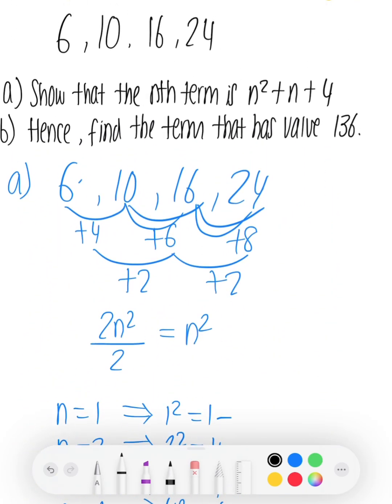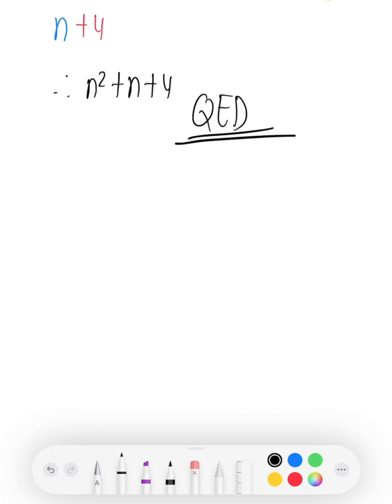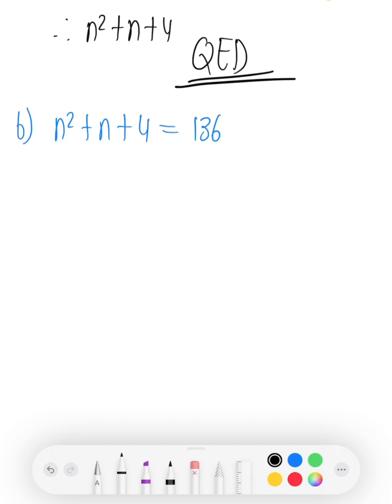Now part B says to find the term that has the value 136. So we know that the nth term is n squared plus n plus 4. So what we will be doing now is n squared plus n plus 4 is equal to 136. Now, as you can see here, we've actually got a quadratic with n being the x terms instead of the x in this case.